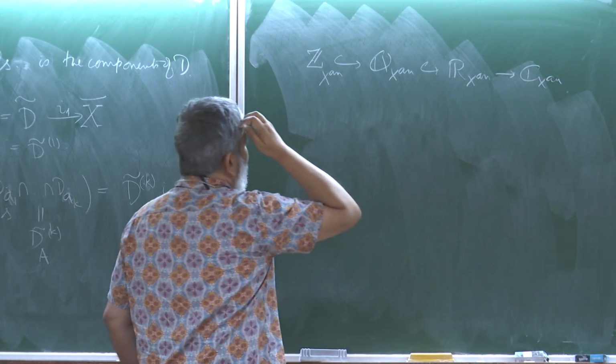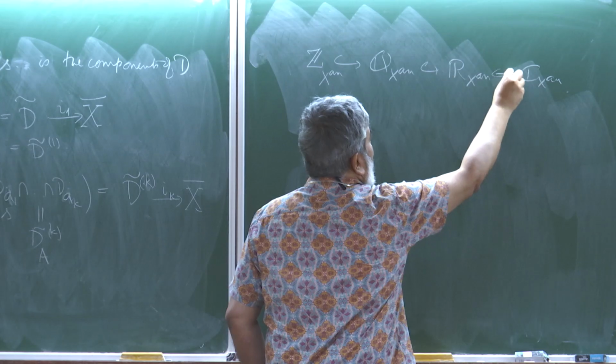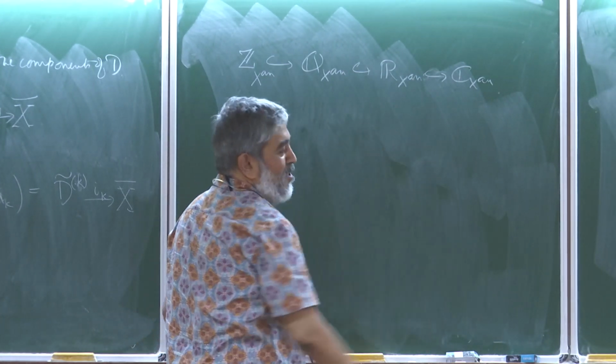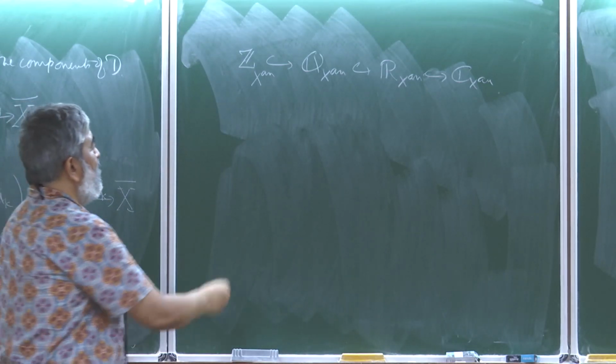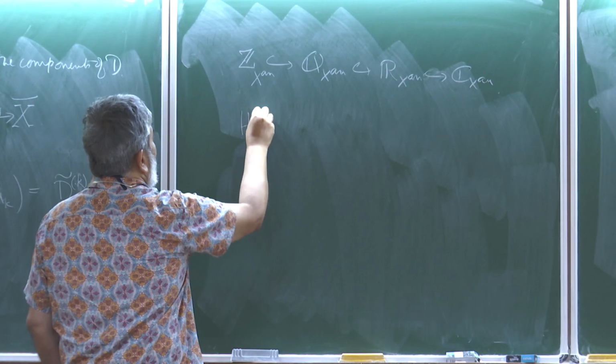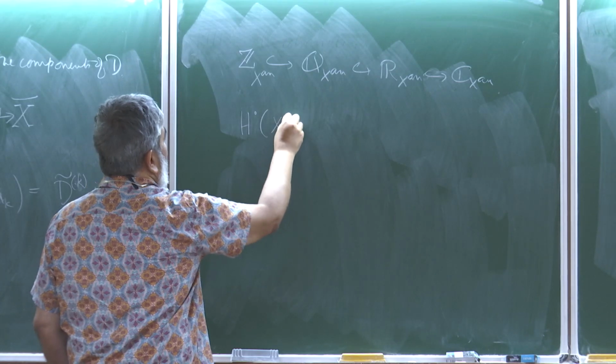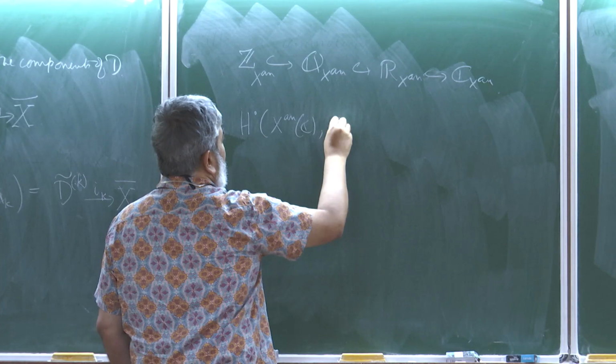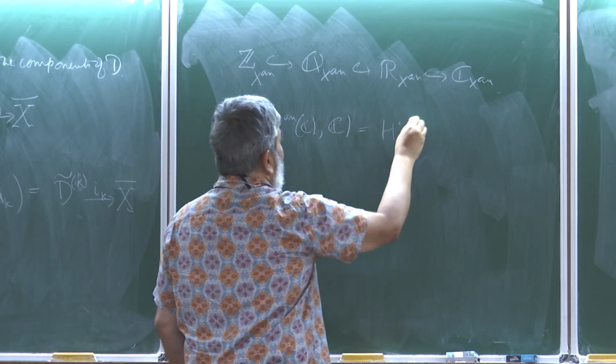And the universal coefficient theorem says that the cohomology of this is the original cohomology tensored by whatever, so H dot of X. So that's not a problem.